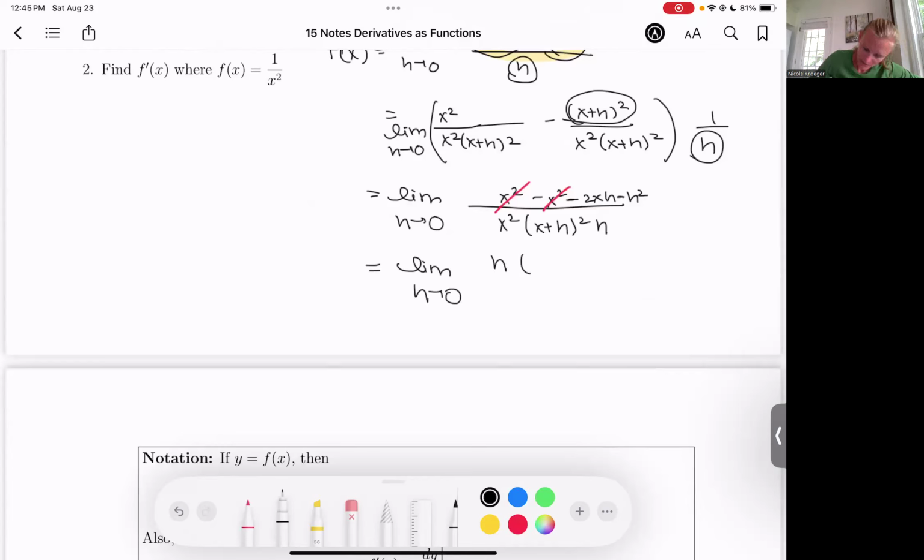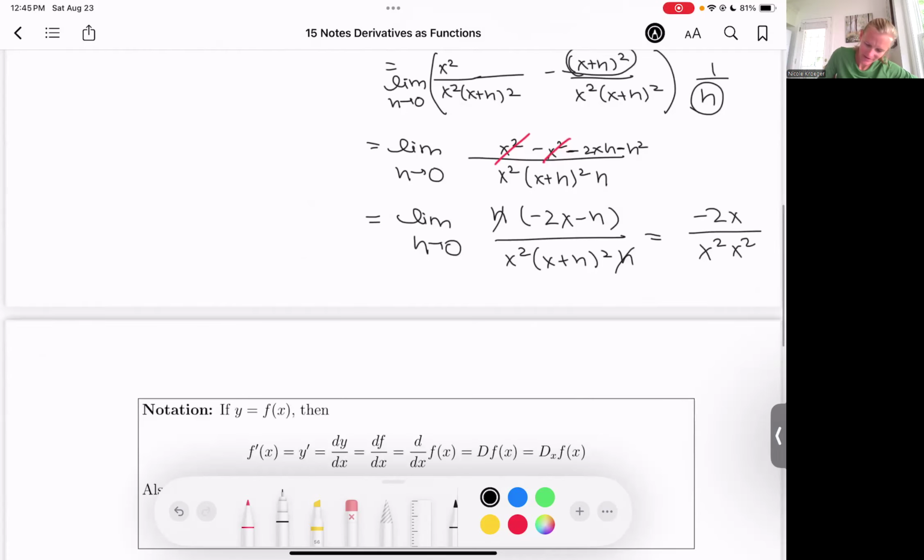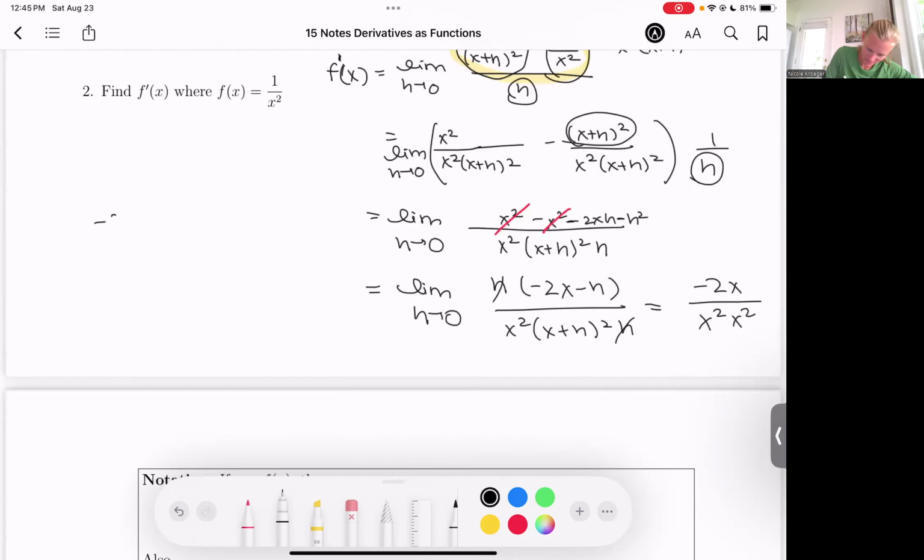I'm going to be left with negative 2x minus h over this denominator. H's cancel out. And now when we plug in 0 for h, I'm going to have negative 2x over x squared times x squared. That's all going to simplify to negative 2 over x cubed.